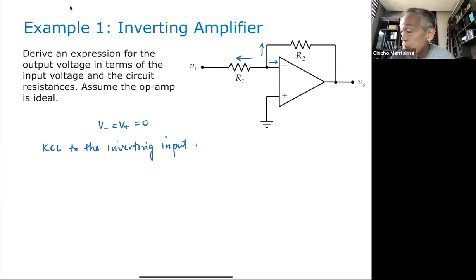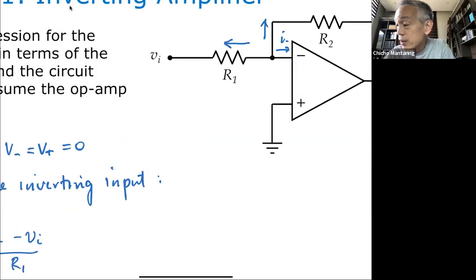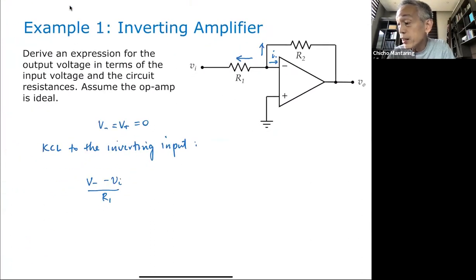This is I minus. Okay. So what is this current? That's V minus VI all over R1. That's the first current.